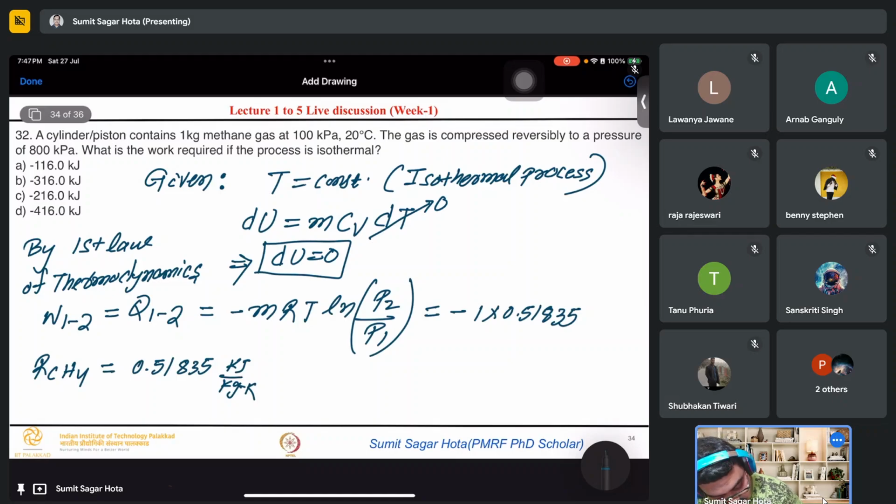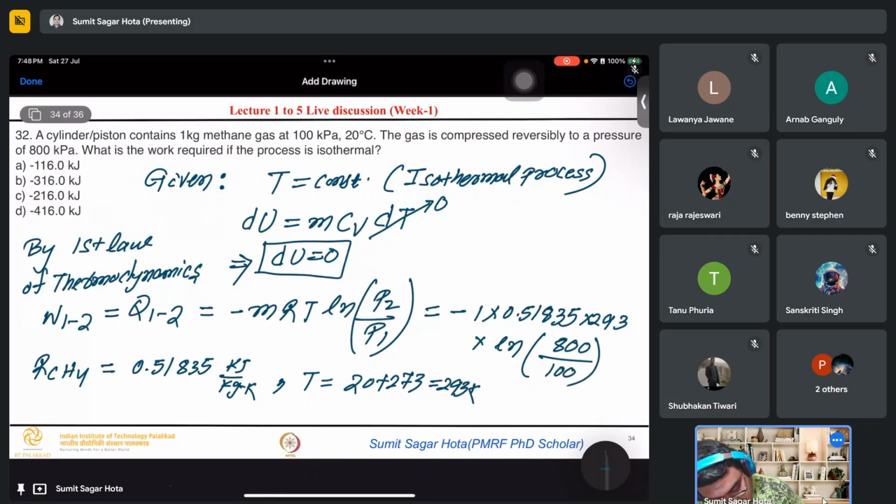Temperature is 20 degree Celsius, so convert it into Kelvin: 20 plus 273, 293 Kelvin, into 293. Then ln of P2 by P1. What is P2? 800 kilopascal. And P1 is 100 kilopascal.